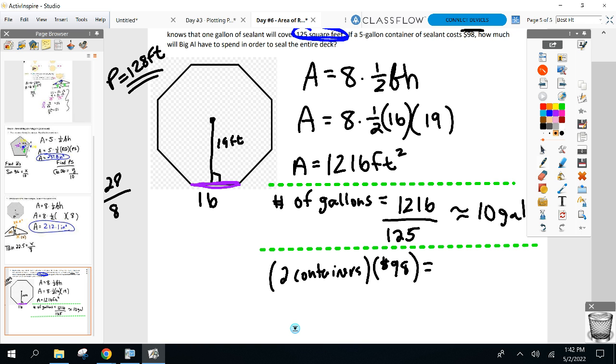Love this problem. Not because it has Big Al, just so much involved. So to seal the deck, $196. Amazing how that's calculated.